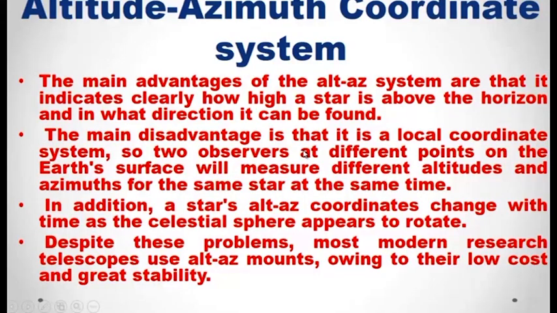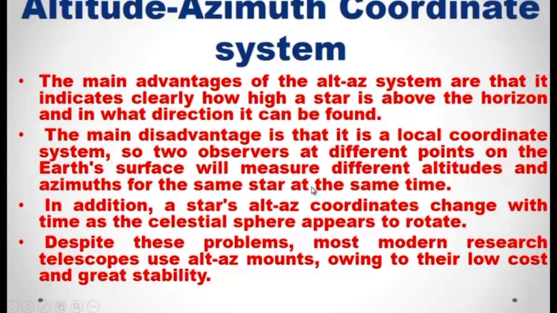The main advantage of this system is that it indicates clearly how high a star is above the horizon and in what direction it can be found. The main disadvantage is that it is a local coordinate system. Two observers at different points on the earth's surface will measure different altitudes and azimuths for the same star at the same time.